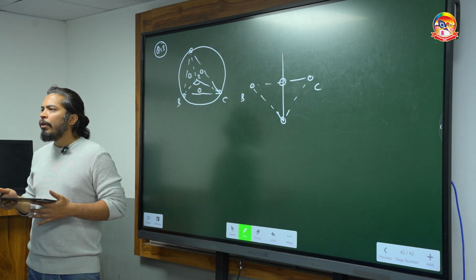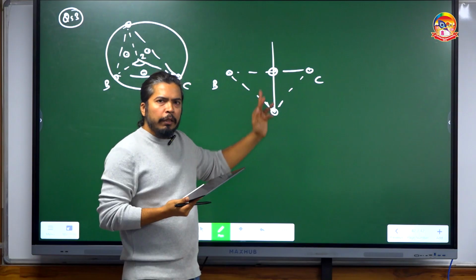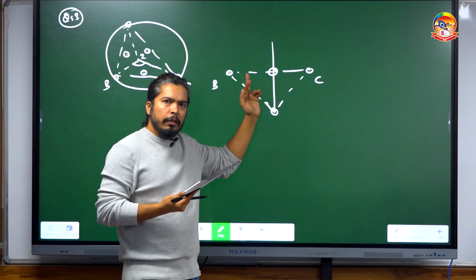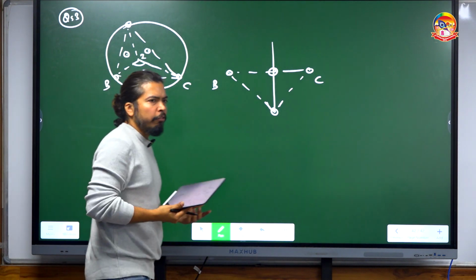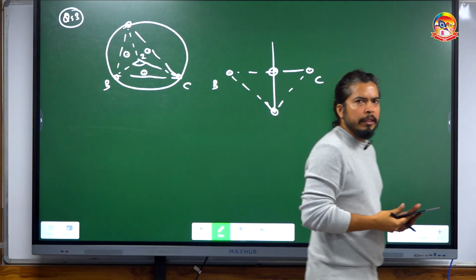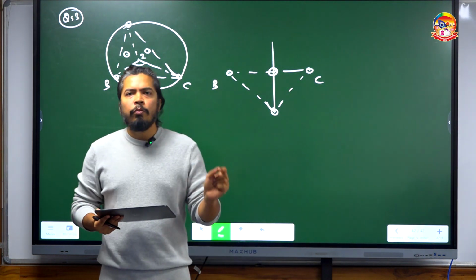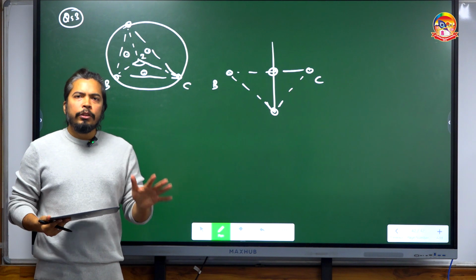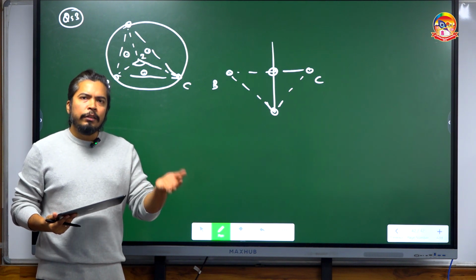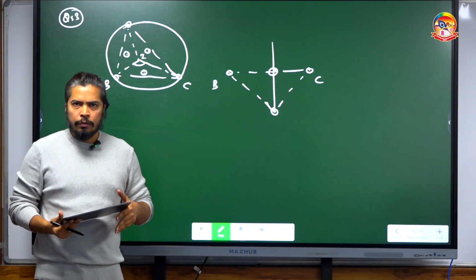That will form the perpendicular bisector of this line. So in case we need this point, it's a different story, but if we need this line, we can always draw that. Such that if we can find the perpendicular bisector of BC, of AC, and of AB, then we can get to the center of the triangle. Alright, so essentially what the question says is finding the perpendicular bisector of BC.